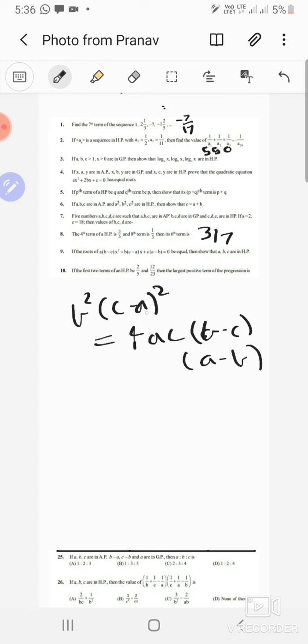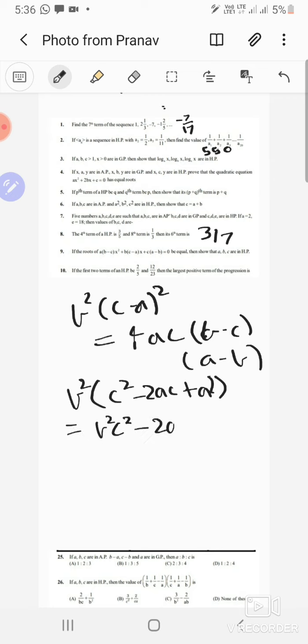Let's do it. So you have (c minus a) whole squared. This might not be so nice. b squared into (c squared minus 2ac plus a squared) is equal to b squared c squared minus 2ab squared c plus a squared b squared. This is the left hand side.